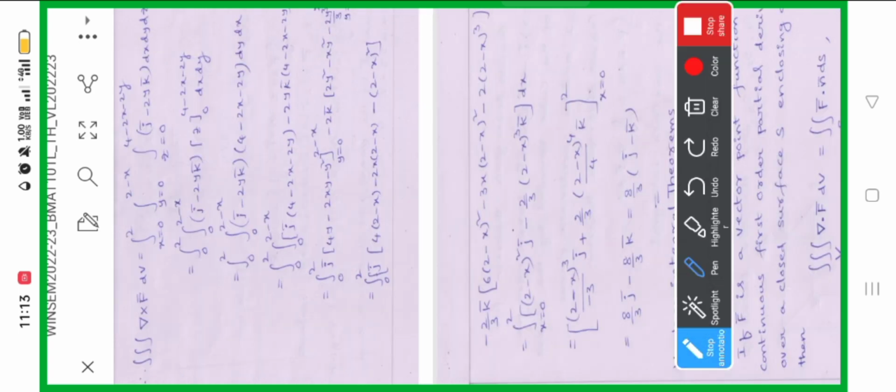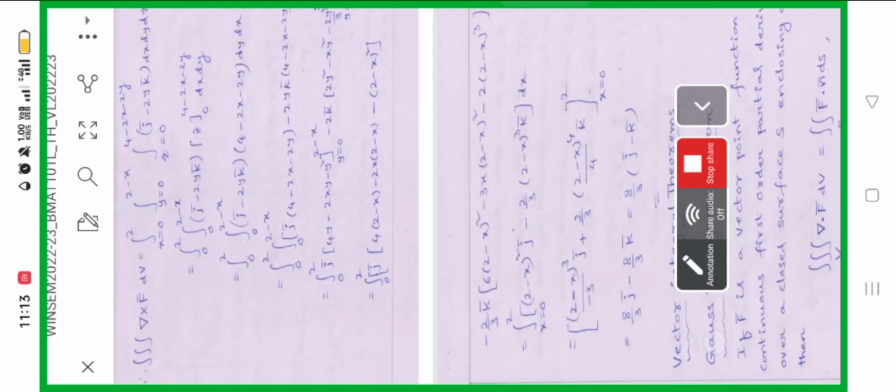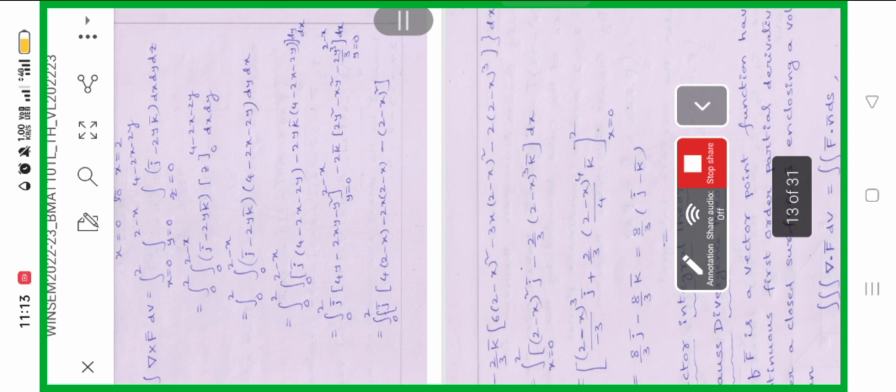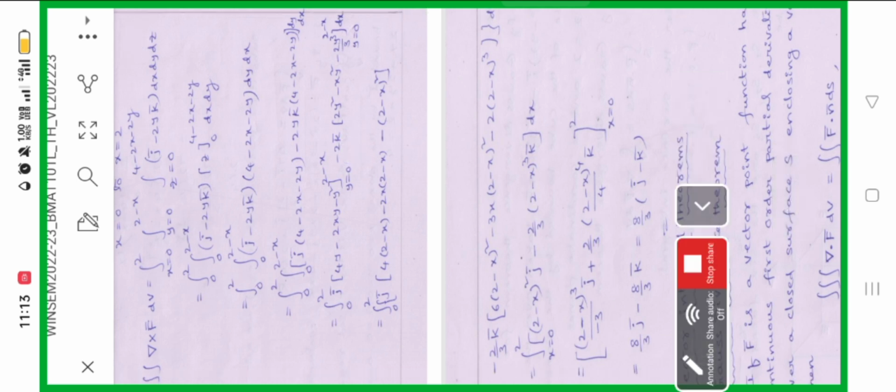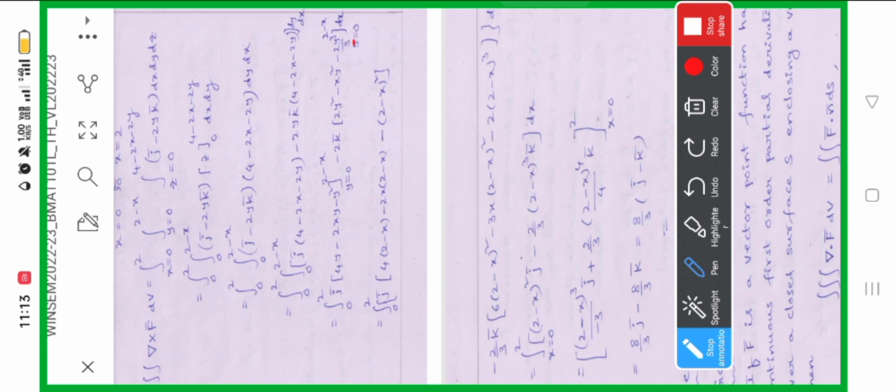Now for the k component, minus 2 by 3 is taken commonly outside, and the k value also outside. That is the k component. So 6 into 2 minus x whole square.